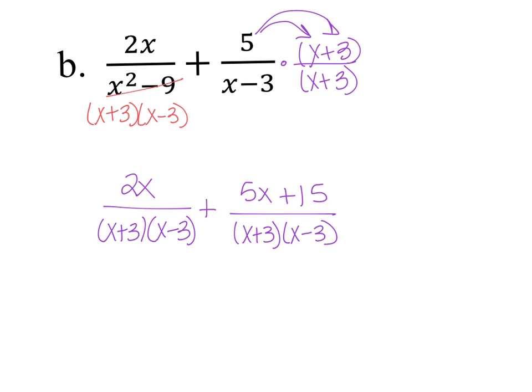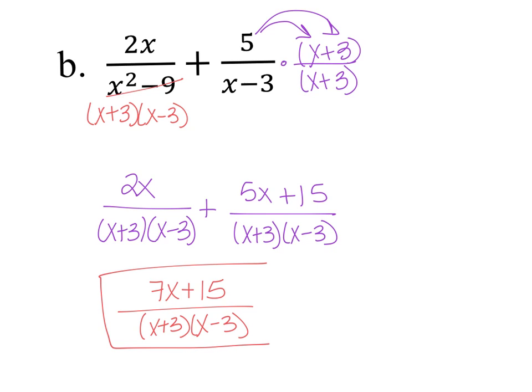And now I can combine the tops. So 2x plus 5x is going to be 7x, and I can't combine the 15, all over x plus 3 times x minus 3. And there's nothing else I can do. 7 is prime, so that's as simplified as that can get.